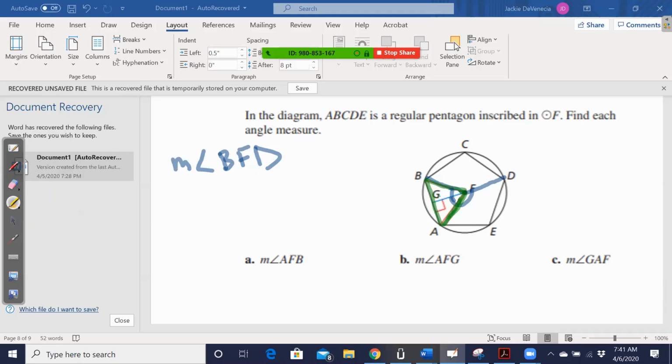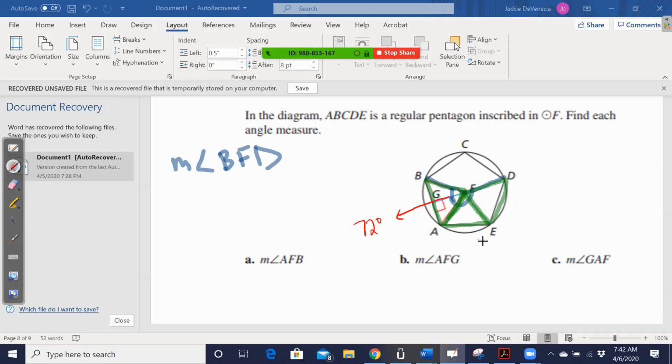So that's one triangle, two triangles, three triangles. So this whole angle is made of three triangles. And we've already found out what this angle is. From our notes from before, that angle was 72. So this was 72.